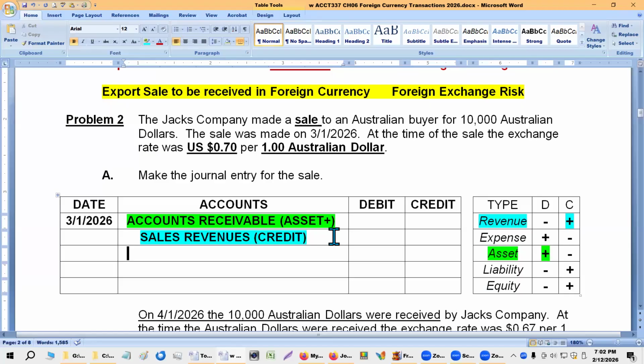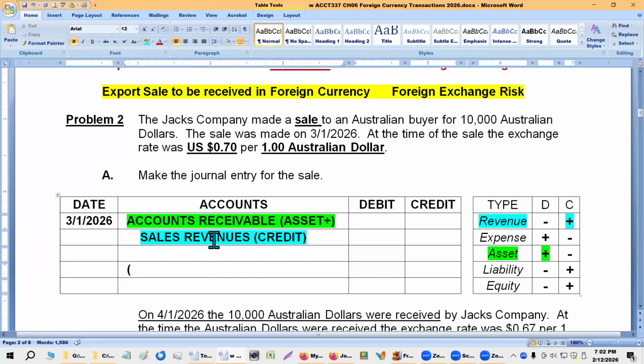Okay, now the question is, for how much are we going to do this? We sold these for 10,000 Australian dollars. Each of those dollars were 70 cents US dollars. So if we're going to put this in US dollars, how much would it be? 7,000. Yep.